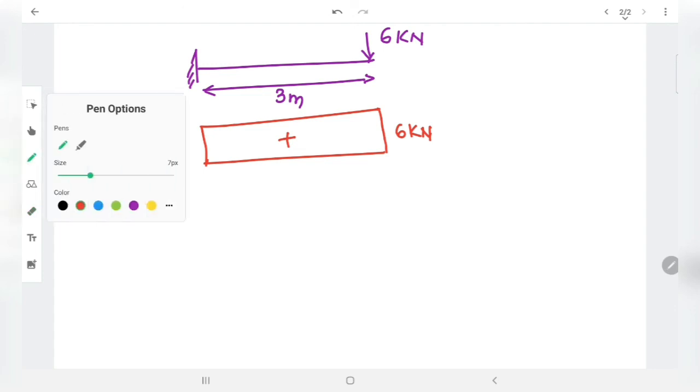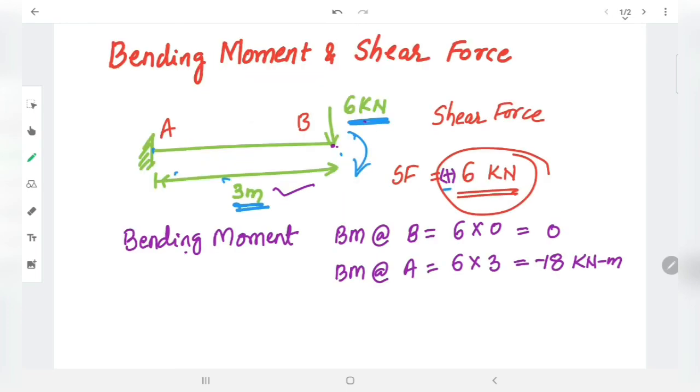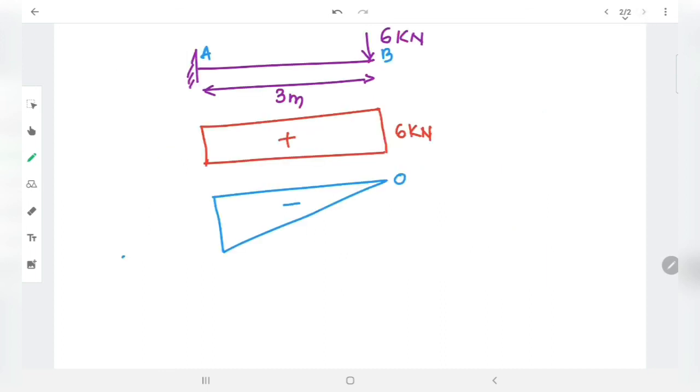Next, I will be drawing the bending moment diagram. The nature of the bending moment diagram will be in this manner. Here is the bending moment at point B. Okay, this is A and this is B. At point B it is 0, whereas at point A it is 18 kilonewton meter.